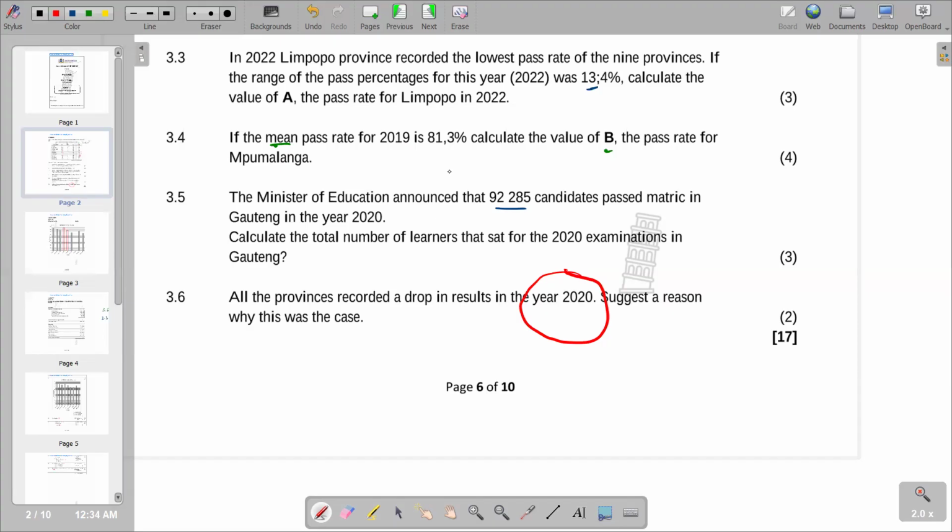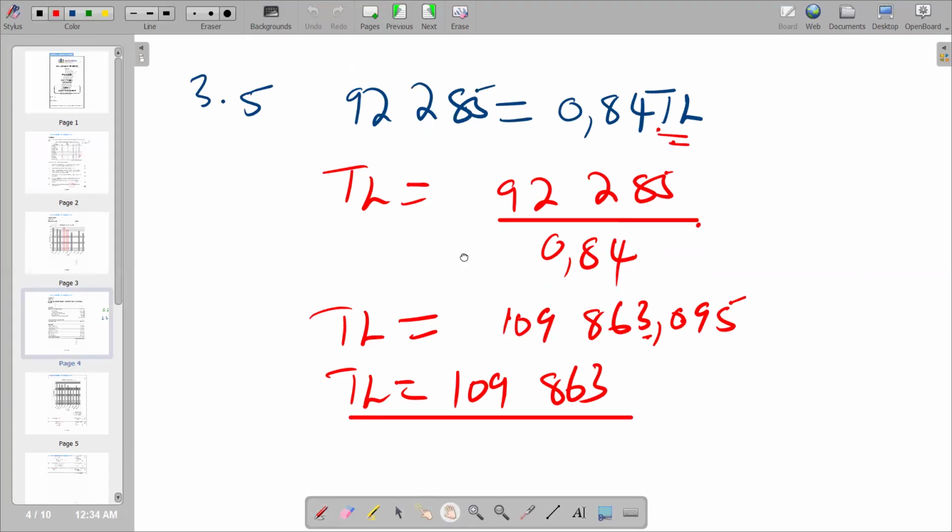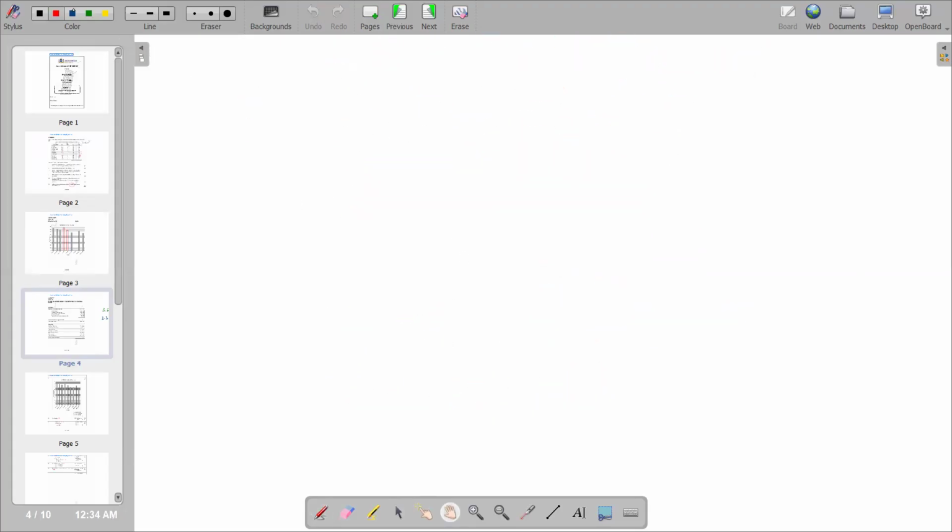So we try to put it down in our section because due to COVID-19, we experienced a prolonged school closure. That was the main reason why it negatively affected the performance of students. So we can grammatically construct it in our answer section, whereby we are saying 3.6.